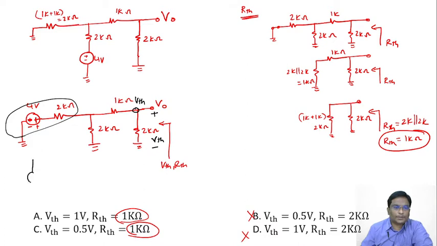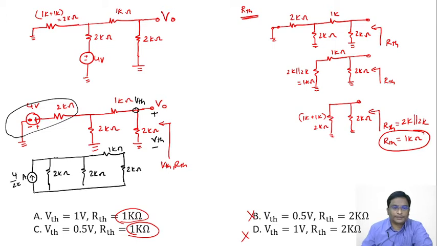A voltage source in series with a resistor will become a current source parallel with the resistor. 4 by 2K becomes 4 by 2K amperes, or 2 milliamperes. The series resistor becomes a parallel resistance of 2 kilo ohms. Here you have a 2 kilo ohm resistor, a 1 kilo ohm resistor, and this is a 2K. All are connected to ground.